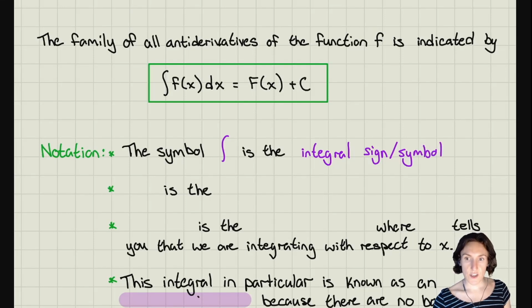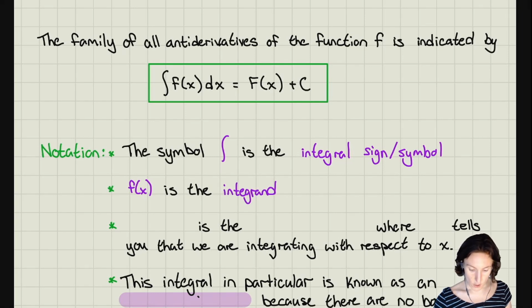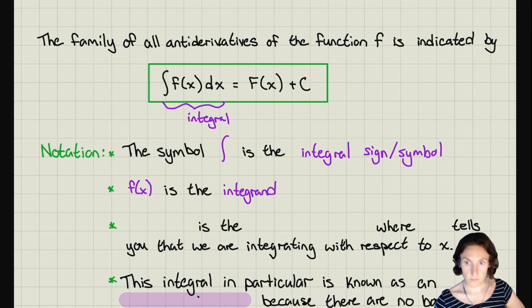The f of x part, the thing that's after the integral sign, we refer to as the integrand, where the entire thing is called the integral. Now, what is this little dx right here?